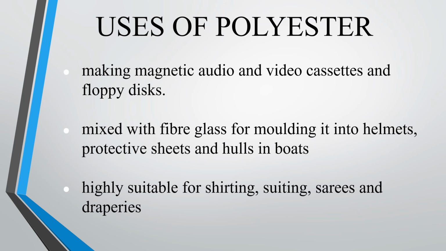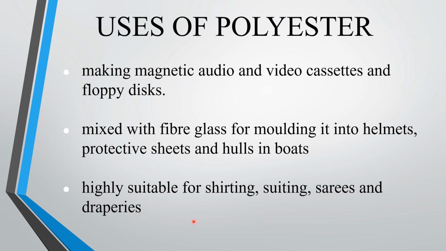Now let us discuss uses of polyester. They are extensively used in making magnetic audio and video cassettes and floppy disks, and they are mixed with fiberglass for molding into helmets, protective sheets and boat hulls. They are highly suitable for shirting, suiting, saris and draperies.